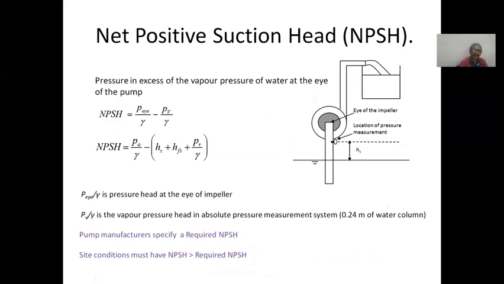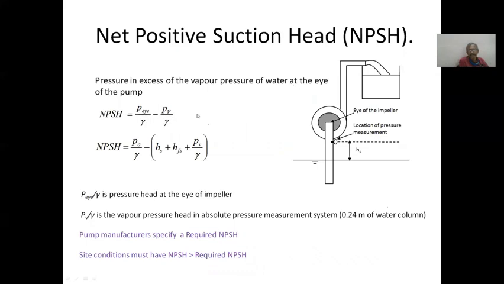So the next concept is net positive suction head. What is net positive suction head? You know that the eye of the pump is the place where the pressure of water is the lowest. So net positive suction head is the pressure head at the eye of the pump minus the vapor pressure of water.